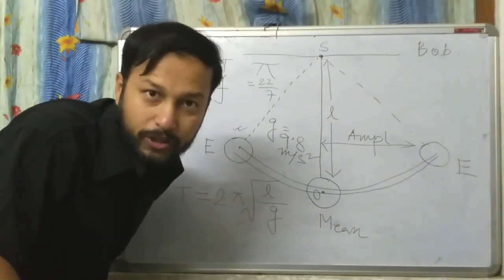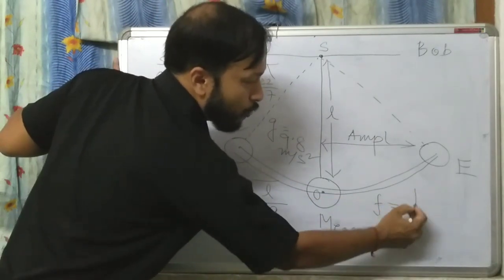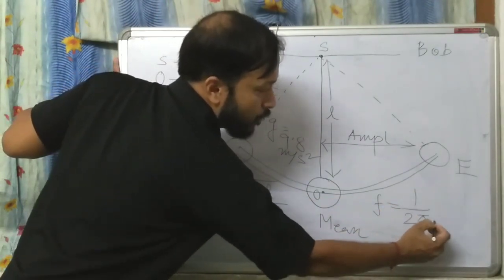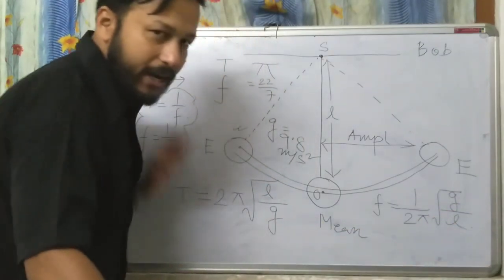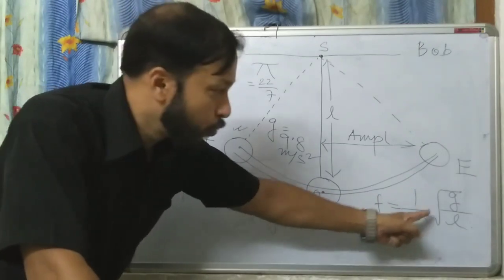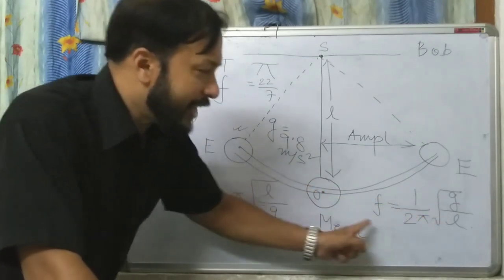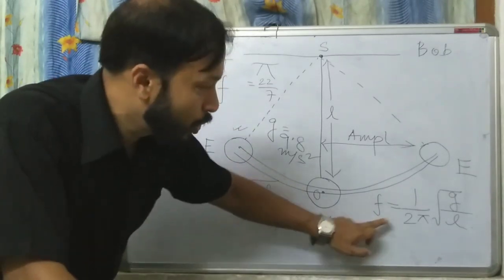Another relation is also there: frequency equal to 1 by 2 pi root over G by L. You know everything here. What is F? F is frequency.